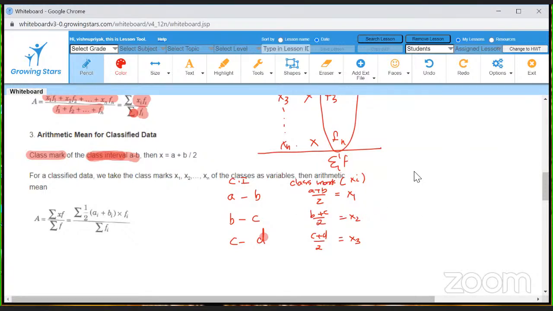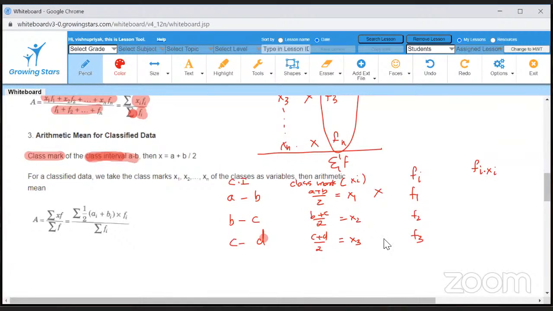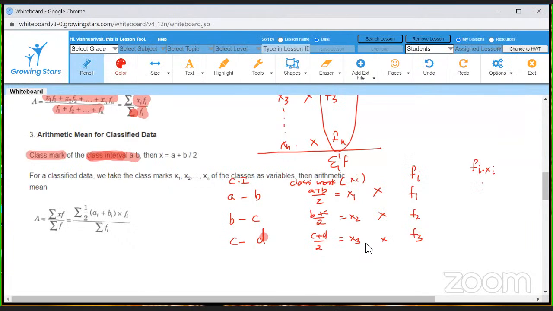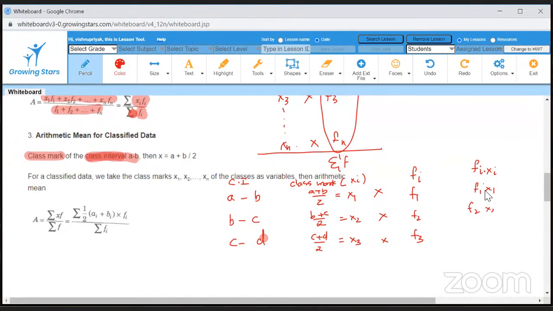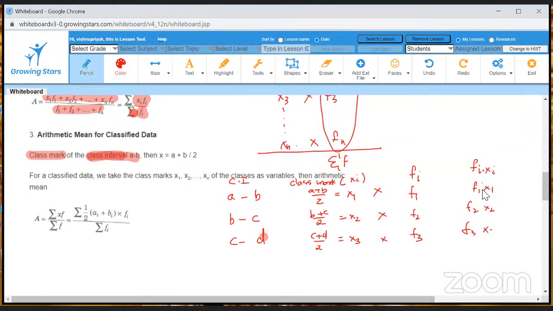So now what you have to do? You have to multiply the frequencies given, F1, F2, F3. So multiply Fi and Xi. Multiply these two and write it here. Like you'll have F1 X1, F2 X2, F3 X3.